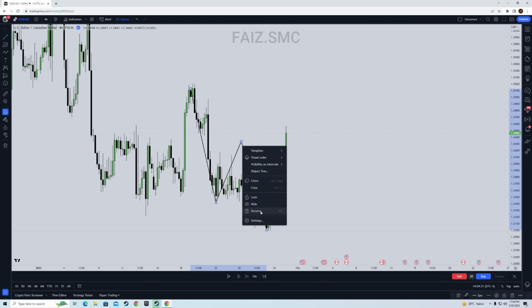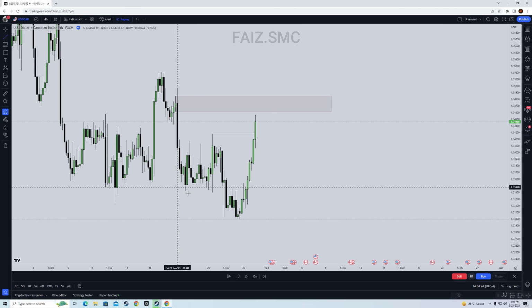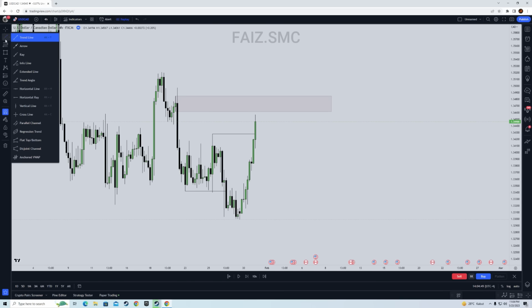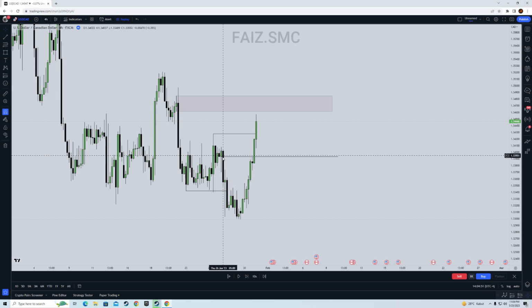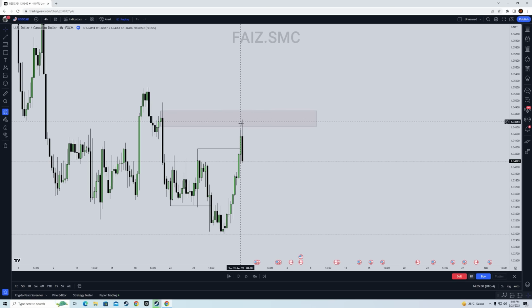This was a turtle soup right there, and we went into some POI right here, which is a 4-hour order block. So we also had a break of structure here. So a normal trader would take his entry from this order block right here, but as you can see, it took out the previous higher low right here, and price tapped into this order block.